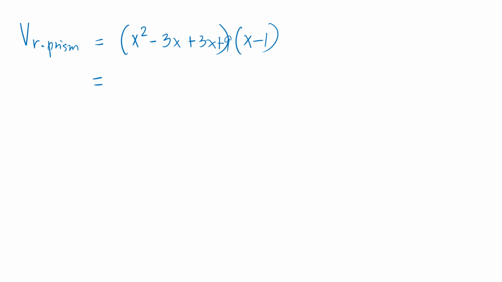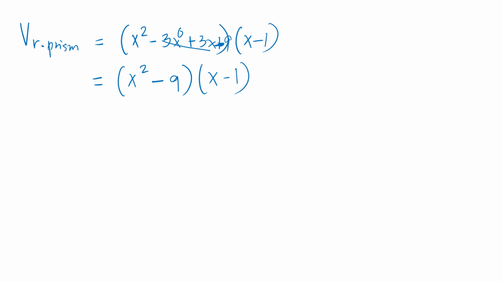As we all know, negative 3x plus 3x will result to 0. So now the remaining terms from this factor are x squared and negative 9. x squared minus 9 times x minus 1.